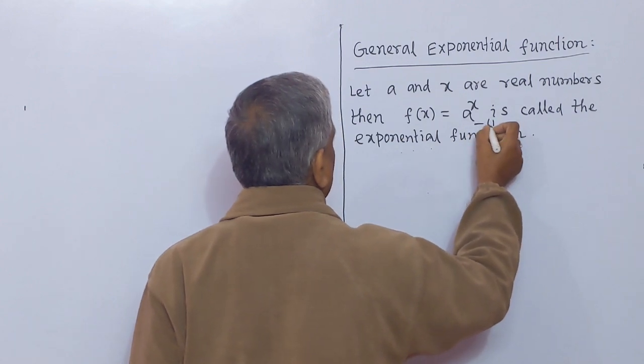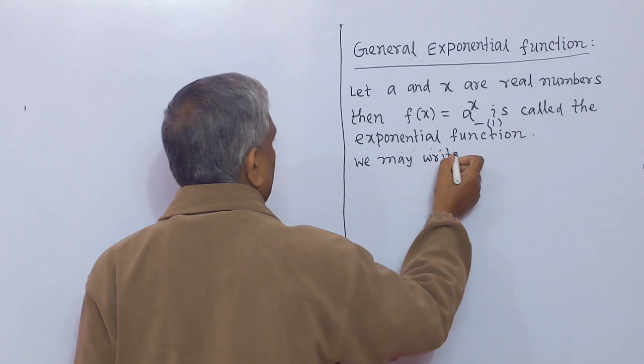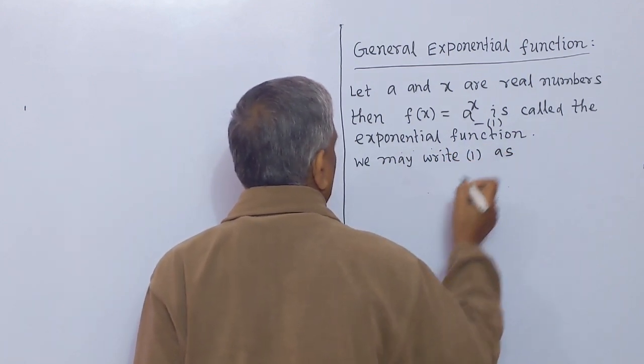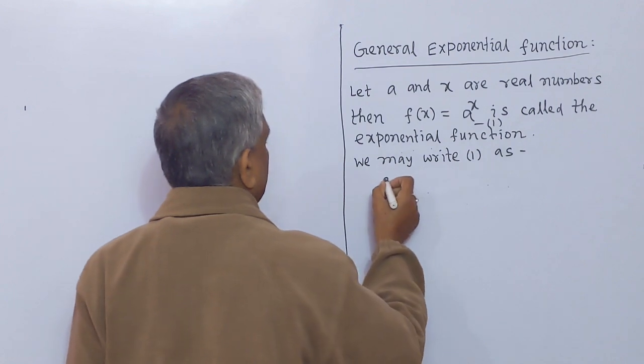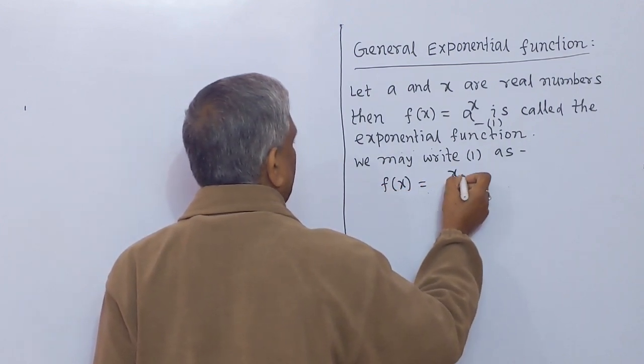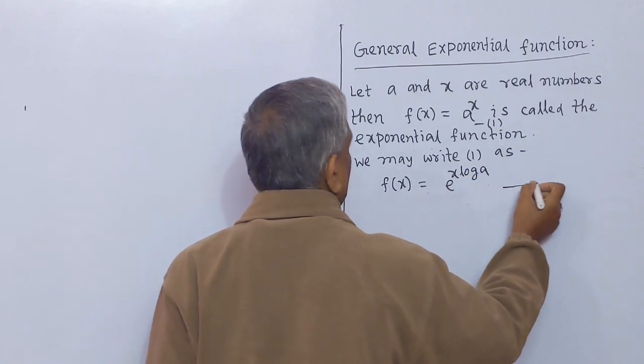Let this be number 1. We may write number 1 as f(x) = e^(x log a). This is number 2.